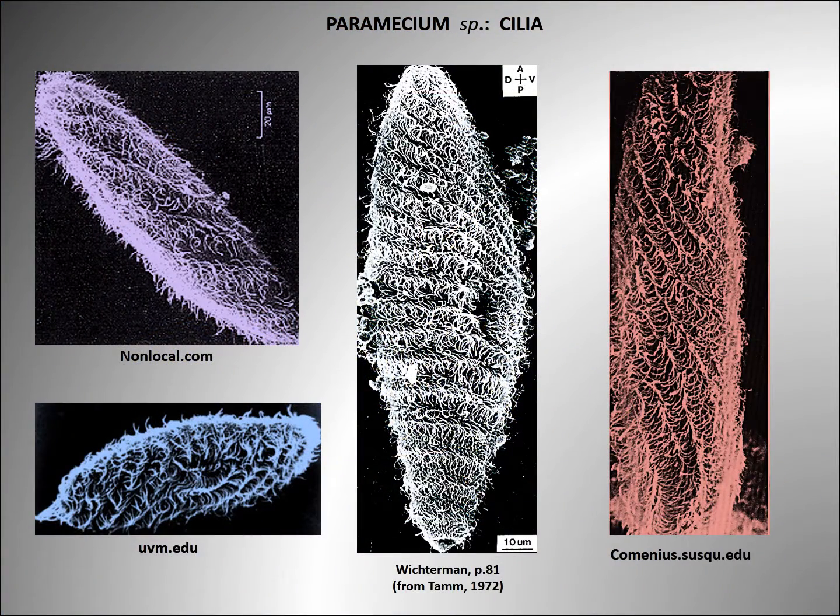Using scanning electron microscopy, it is immediately clear that several thousand cilia densely cover virtually the entire surface of the organism. In Tam's photomicrograph of 1972, it is also quite clear that the cilia are arranged in thickly populated rows or kinetes, running in a generally horizontal, somewhat tangential fashion.